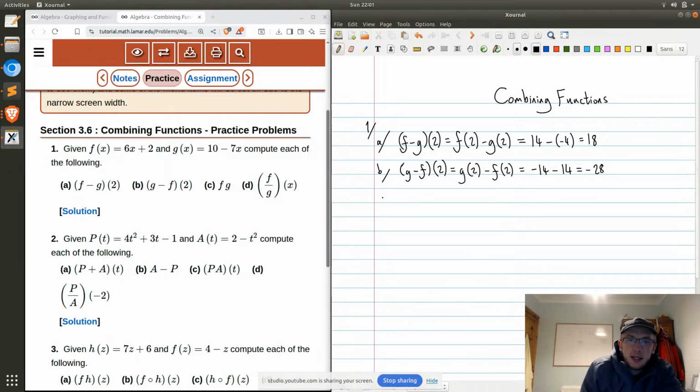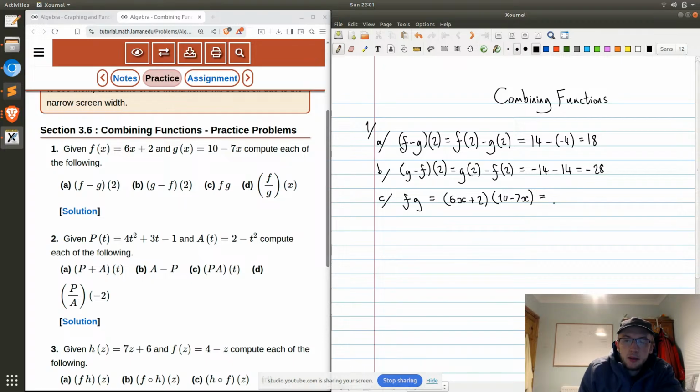And now for part C, we are to compute fg. When they're written next to each other like this, I've seen in some books that this is asking for the composite of f and g, but I think in this context it means f times g, but we'll soon see. So what you do in that case is you quite literally just multiply the definitions of the functions together. So this would be 6x plus 2 multiplied by 10 minus 7x.